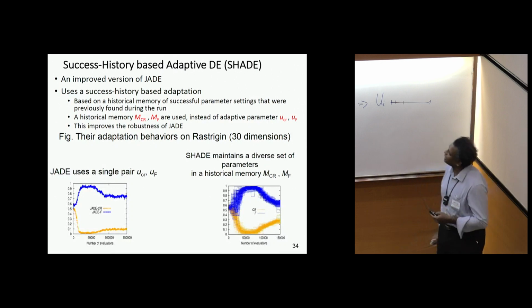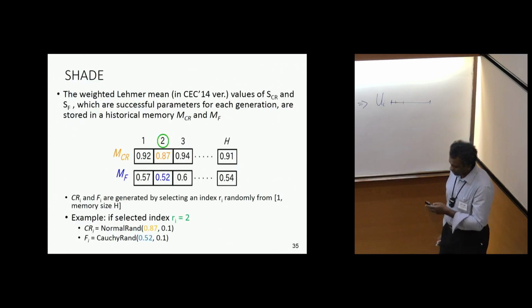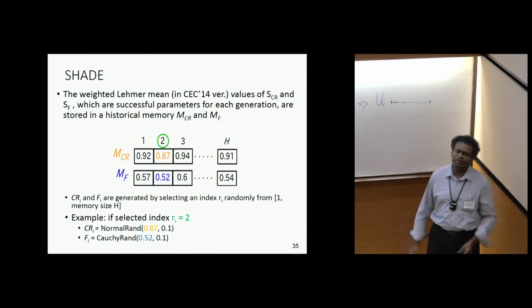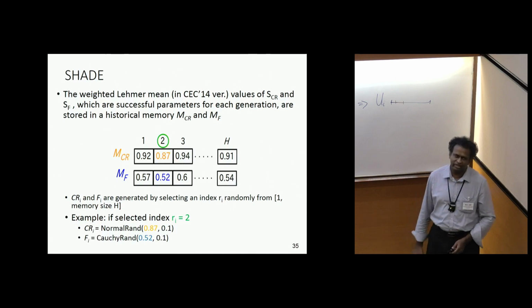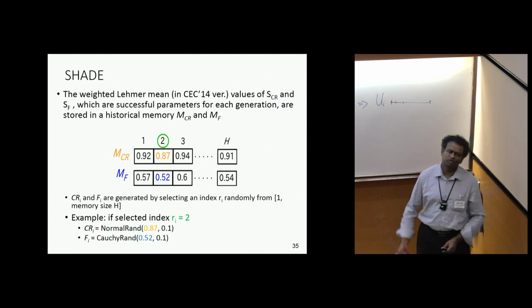All done by empirical studies. So this is how you keep the historical memory for the successful CR values, these averages, and successful scale factor values, averages, you keep them in the memory. And the new values are generated by normal distribution and Cauchy distribution. New values are generated to use in the future generations.